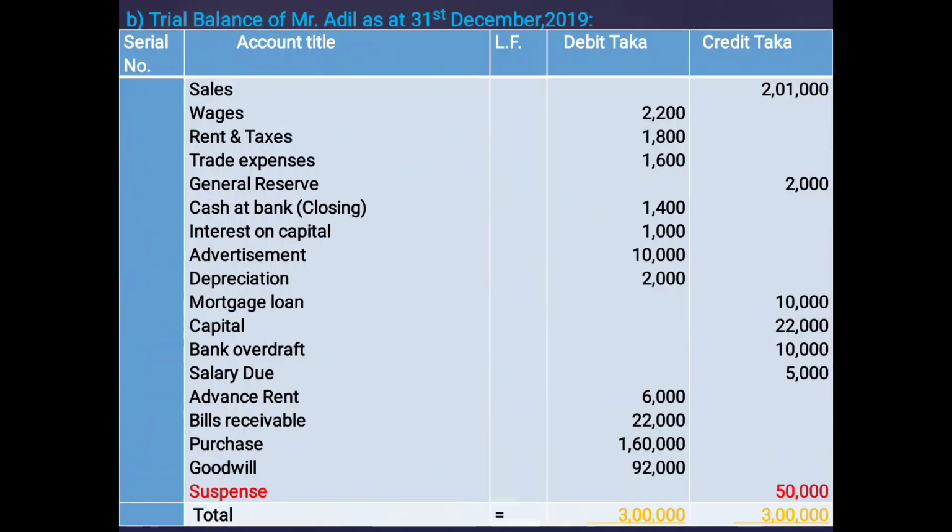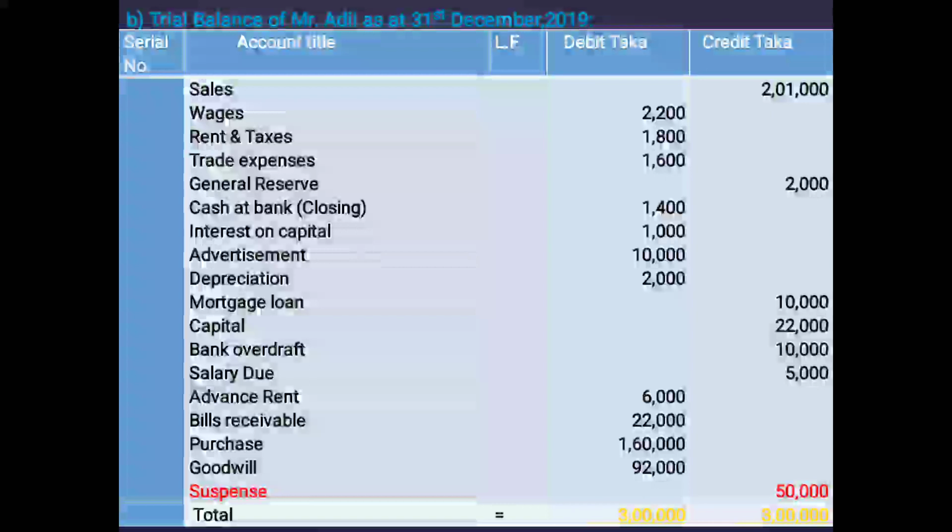Totally 5 columns are available in the trial balance: serial number, account title, ledger folio, debit taka, credit taka. Trial balance of Mr. Adil as at 31st December 2019.